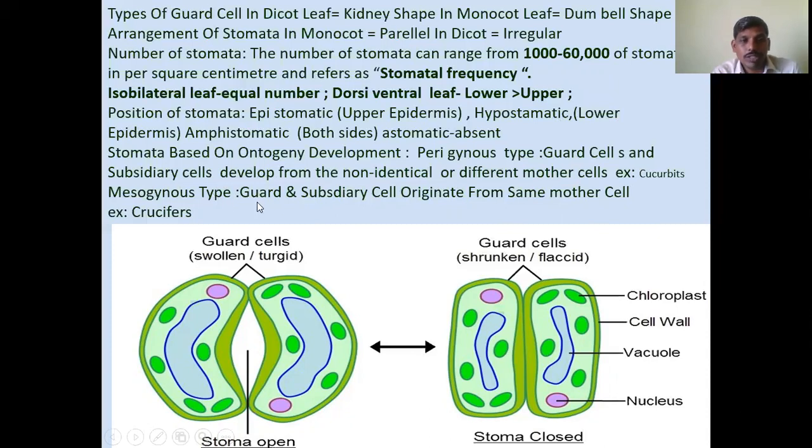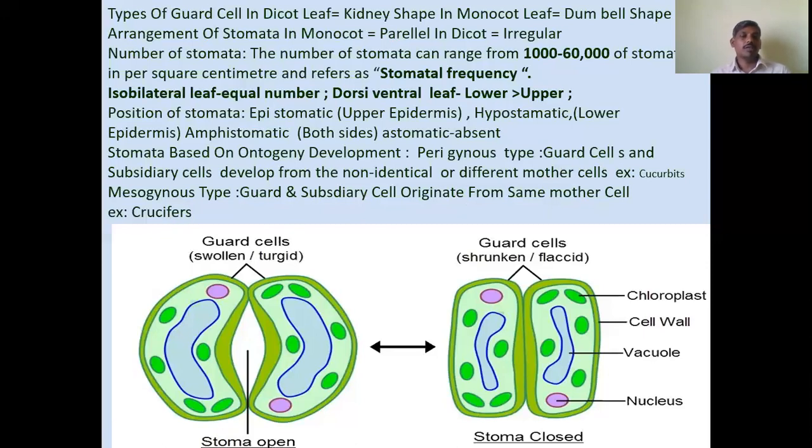In the mesogenous type, the guard cells and subsidiary cells originate from the same mother cell. Examples are crucifers and cucurbits. But in a few plants, a mixed condition is also identified: the mesoperigenous condition.